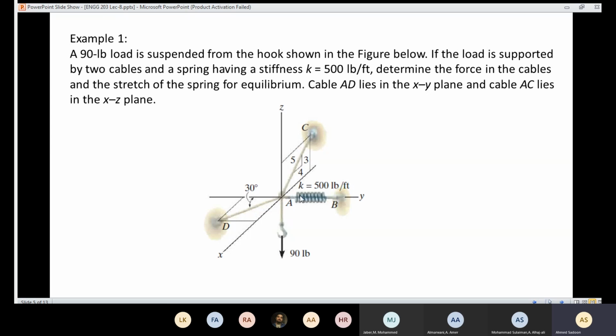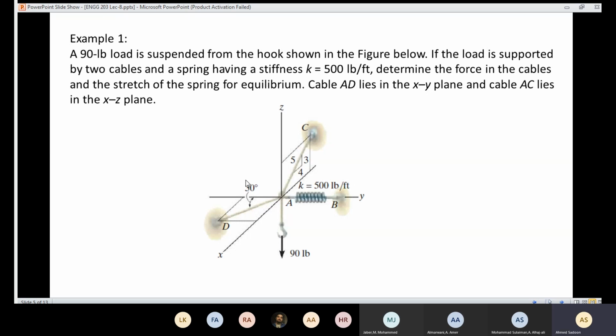When force is applied to a spring, we get a change in length, so it's also required to calculate the stretch in AB. The spring constant is given here, equal to 500 pounds per foot.